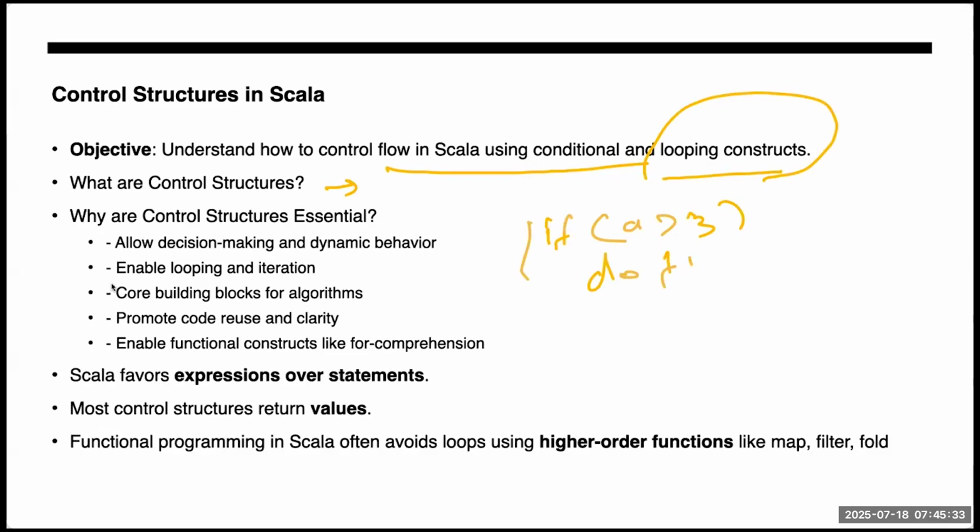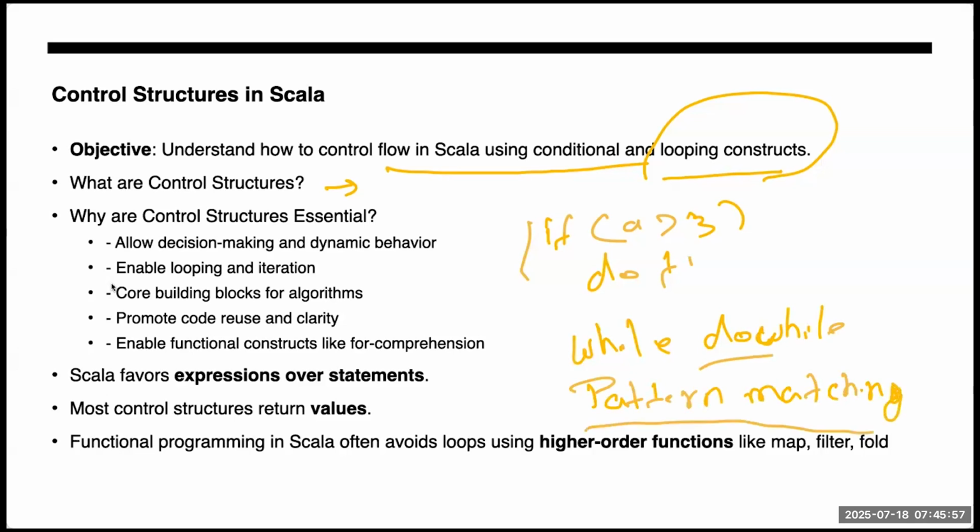And in Scala, we have if else, multiple if else, nested if else. Then we have while loop, do while loop. We'll see the examples of everything. And then we have pattern matching also. This is one of the important things in Scala. Pattern matching is an important feature of Scala, where writing the program will be easy when you have multiple statements to match with.